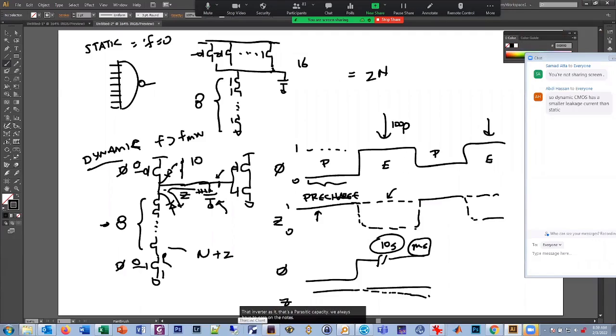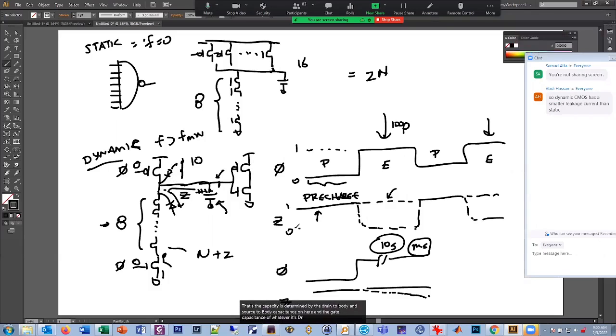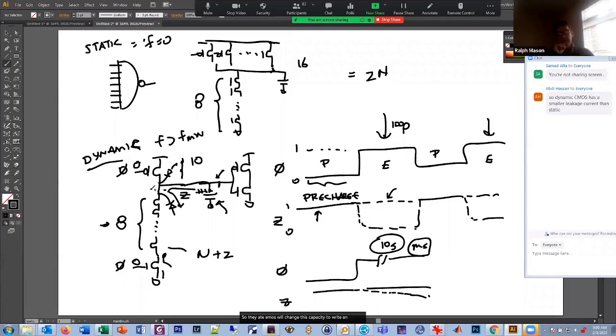So will it be determined just by the NMOS, but not the PMOS? The capacitance? No, the capacitance is determined by the drain to body and source to body capacitance here, and the gate capacitance of whatever it's driving. And here in this case, the 8 NMOS will change this capacitance too, right?